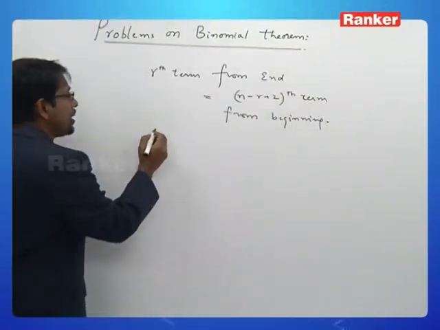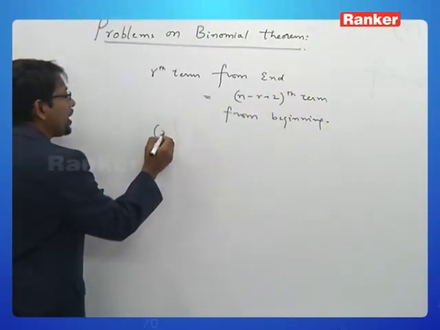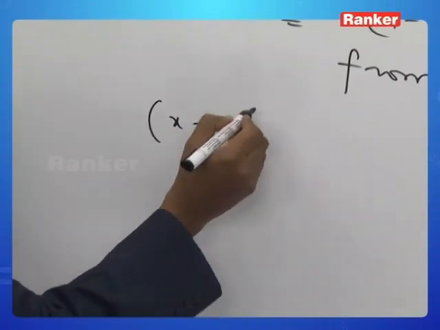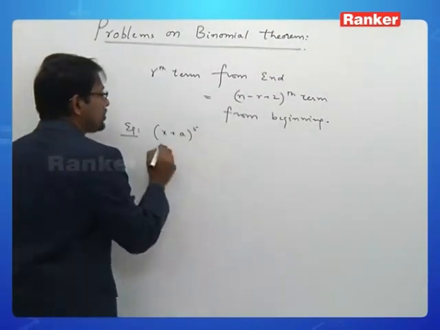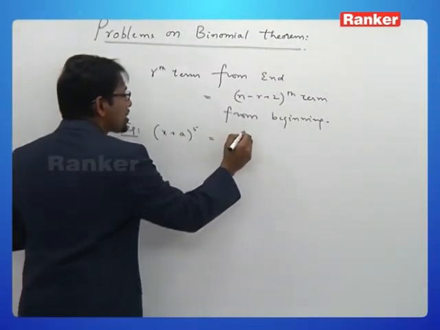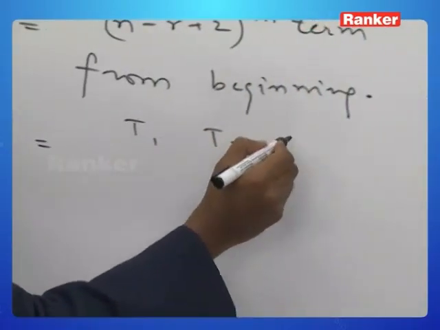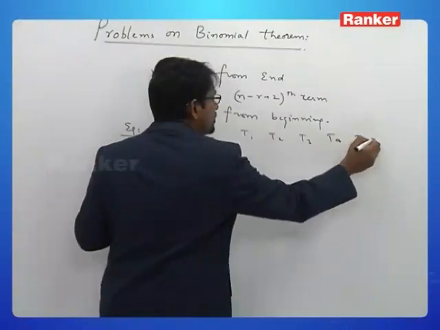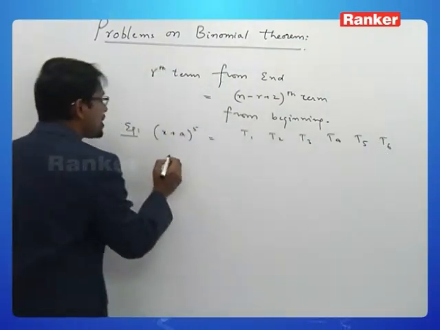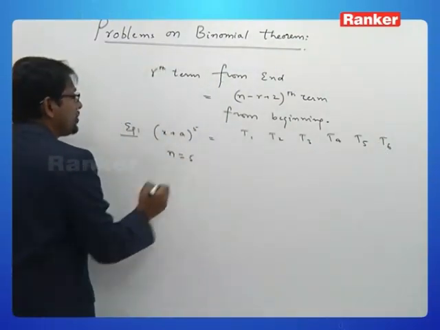For example, let us see here. Suppose you have an expansion x plus a power 5. Now it has 6 terms: t1, t2, t3, t4, t5, t6. What is n here? n is equal to 5.